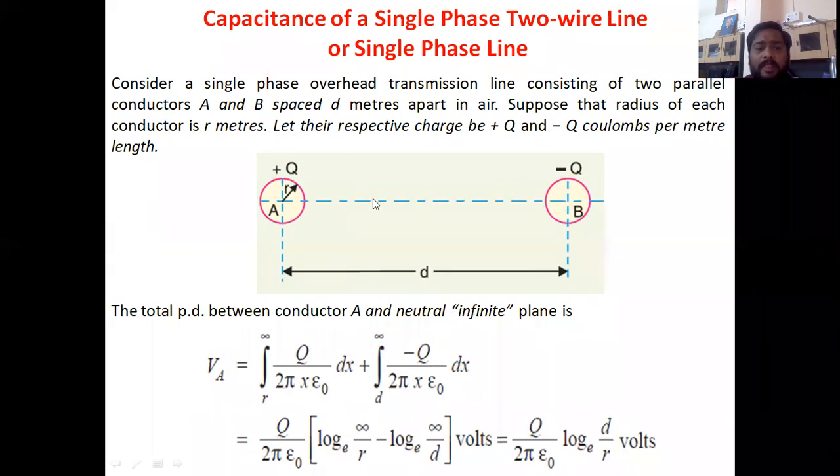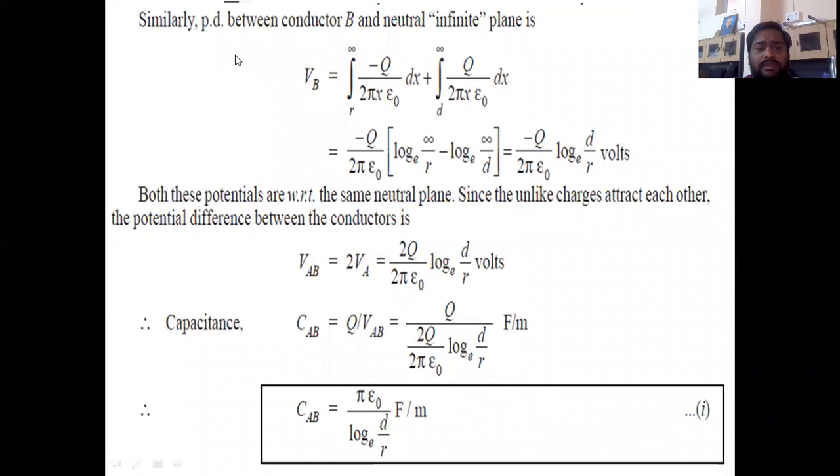Similarly, the potential difference between conductor B and the neutral infinite plane, VB, equals integration from r to infinity of minus q upon 2 pi x epsilon 0, because the first formula is for the self current carrying conductor, or the potential of the self conductor. That self conductor potential is minus q, because the charge on conductor B is minus q, plus integration from d to infinity, because the conductor distance is small d.